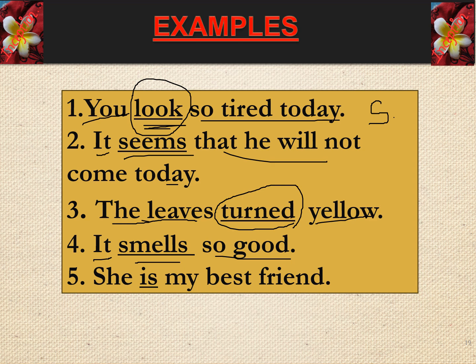Here is is a be verb, right? I told you that the be verbs are also linking verbs. She is the subject and my best friend is the information about the subject. These two terms are joined by is, making it meaningful. That's why is is the linking verb.